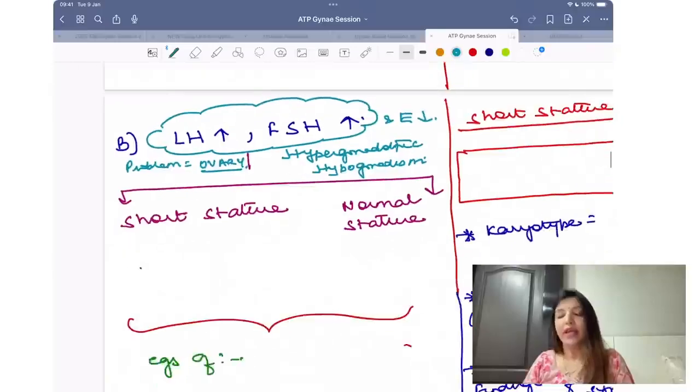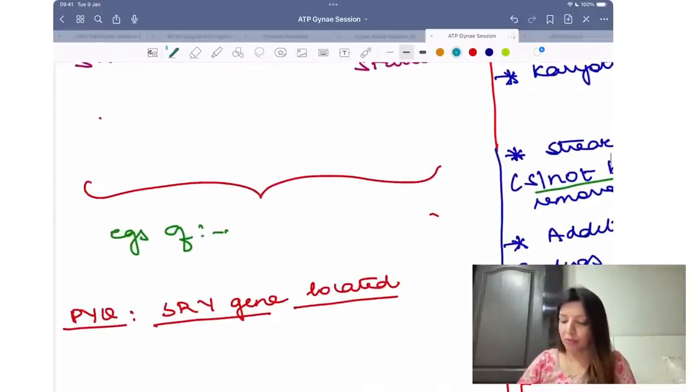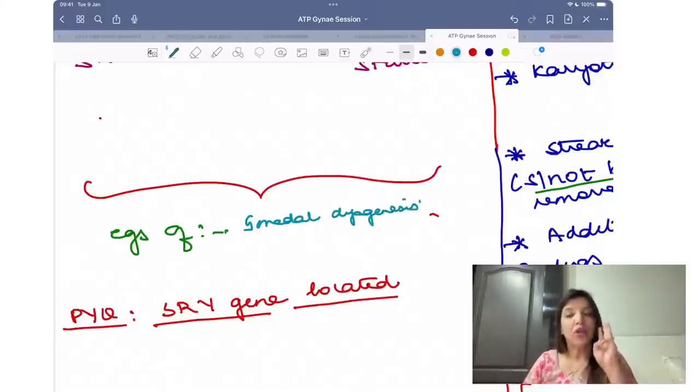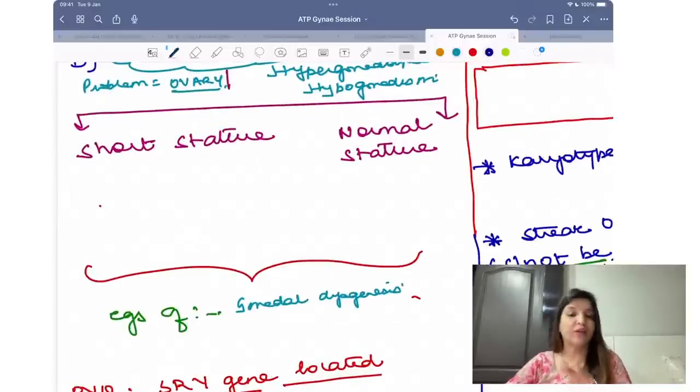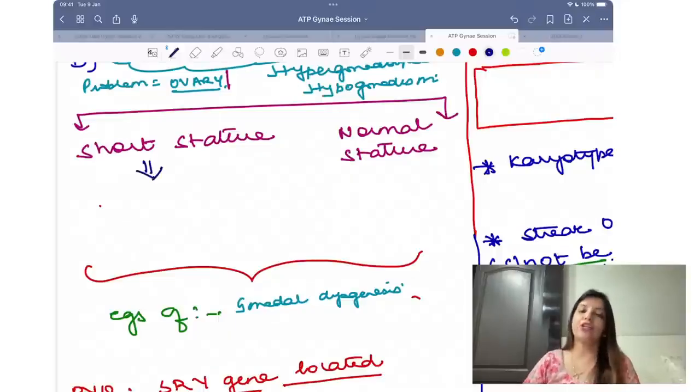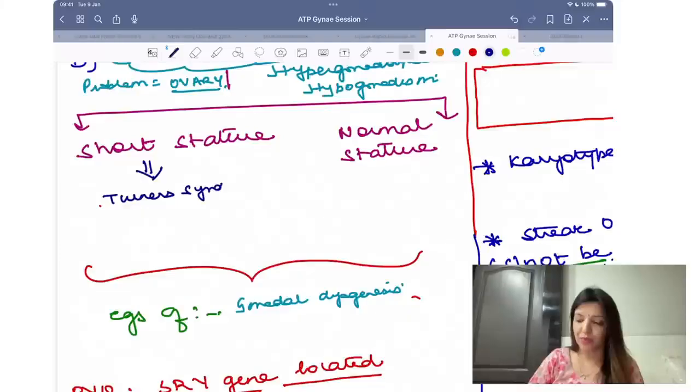Now in the ovary, the problem could be gonadal dysgenesis. Gonadal dysgenesis can be of two types, Turner syndrome and Swyer syndrome. If the question says short stature, that means it is Turner syndrome.